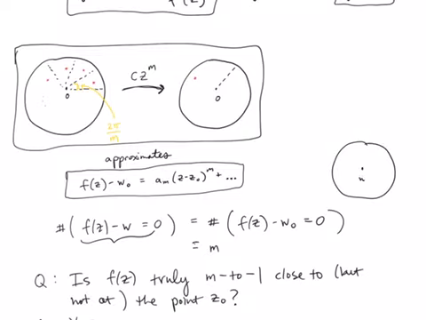Here's your w naught, and I'll draw the same picture again, centered at w naught. Then the inverse image of that wouldn't be a disk, but it would be pretty close to a disk around z naught. So you'd have z naught here, and then wedges that all map to that disk. So m different wedges, each mapping to the full disk, and maybe the wedges would look a little wavier.